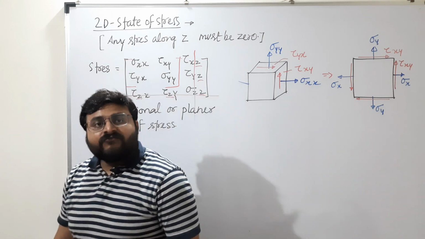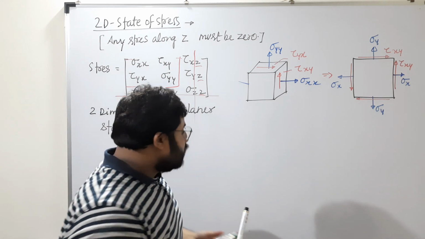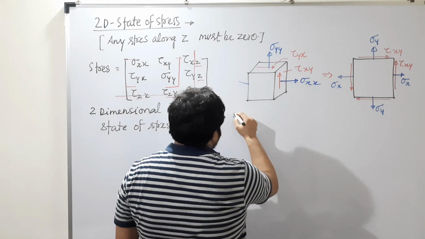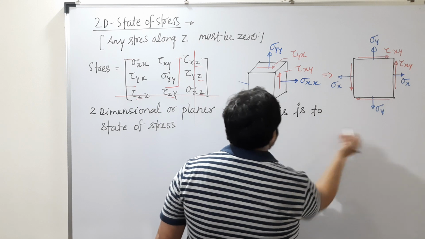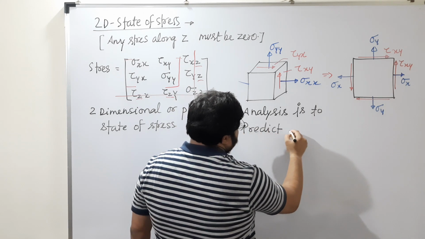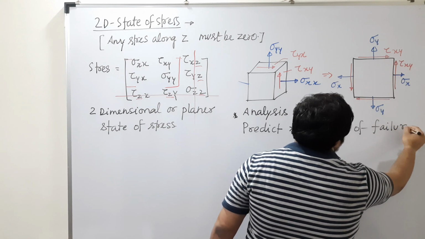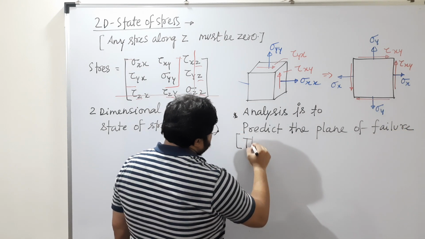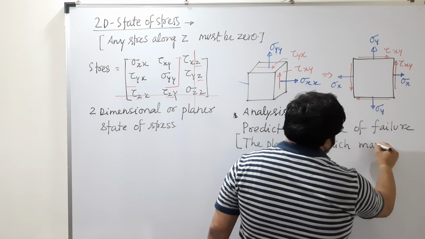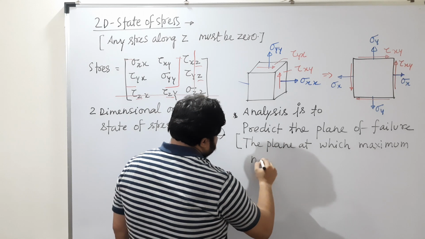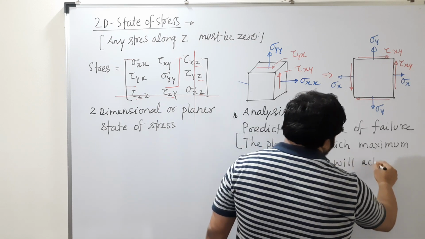This is very important, what analysis we are going to do. For this two-dimensional element, our analysis is to predict the plane of failure, or we can say the plane at which maximum normal stress will act, right?